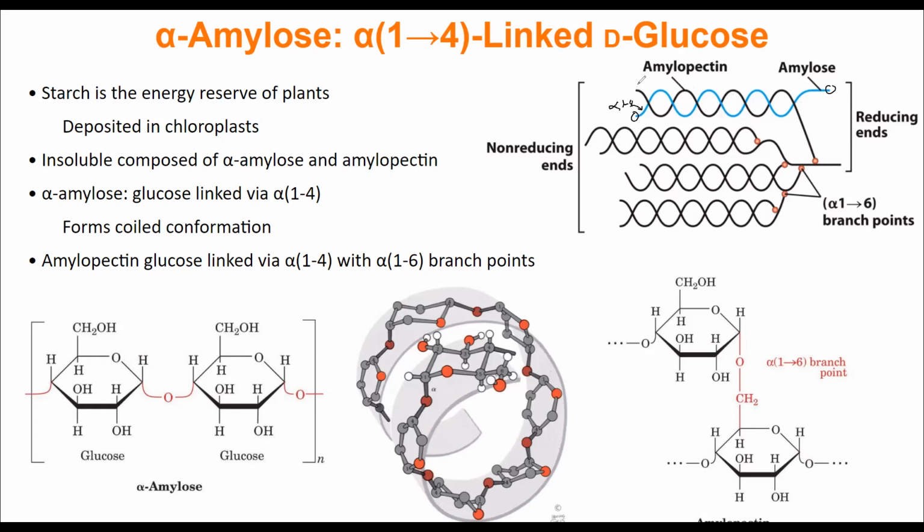What I mean by that is that your glucoses are going to be connected by alpha 1,4 until eventually one of your glucoses, and that's being shown down here, is going to make a 1 to 6 branch point where you're going to branch off into a new sugar or a new chain as being shown here.